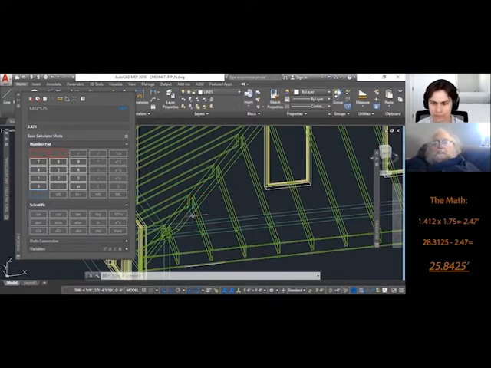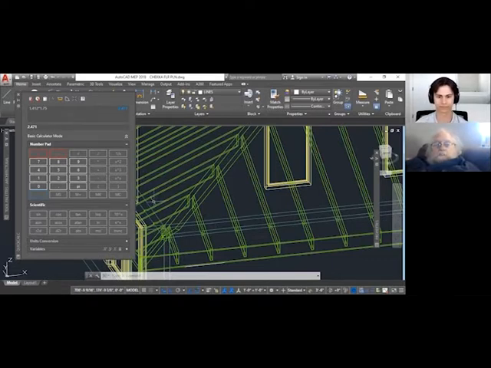So I've nailed the run of my first jack rafter, and then I simply multiply by, in this case, since it's a 4/12, 1.054. How do I know that?